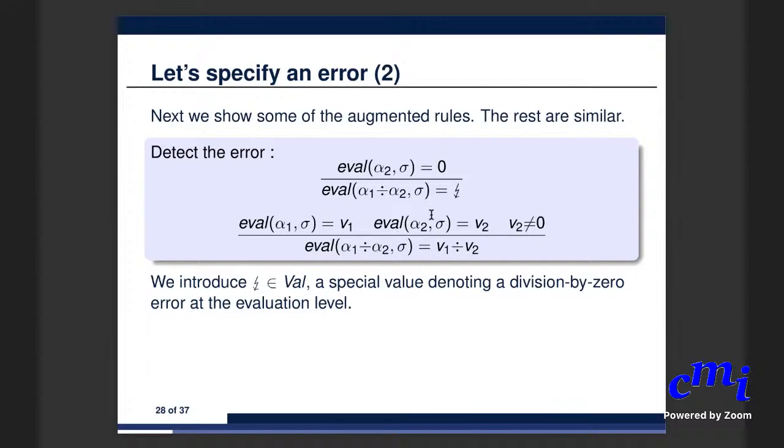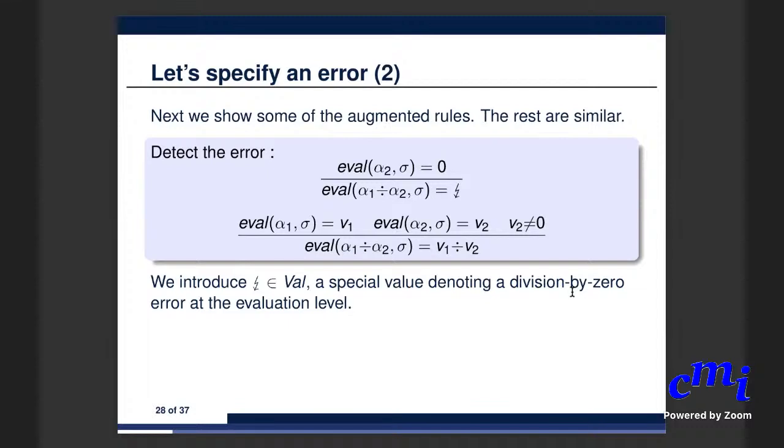So the other one is 0. If E2 is not equal to 0, then it evaluates correctly. So we need to use this special value denoting a division by 0.